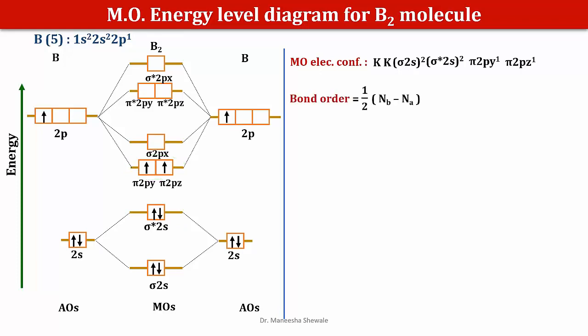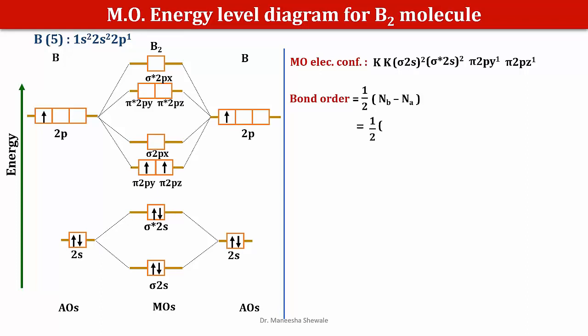The bond order can be calculated by the formula: bond order is equal to half into Nb minus Na, where Nb is the number of electrons in the bonding molecular orbitals and Na is the number of electrons in the antibonding molecular orbitals.